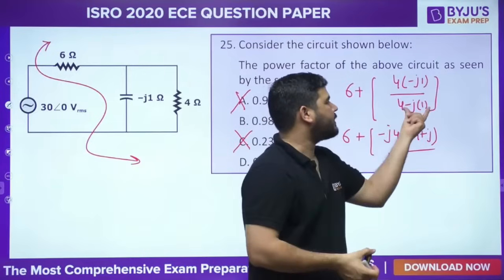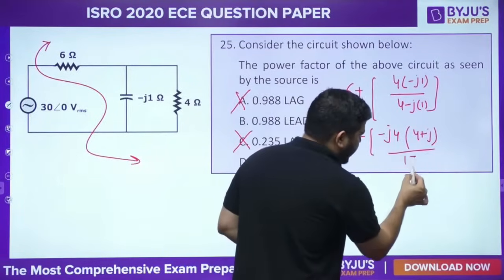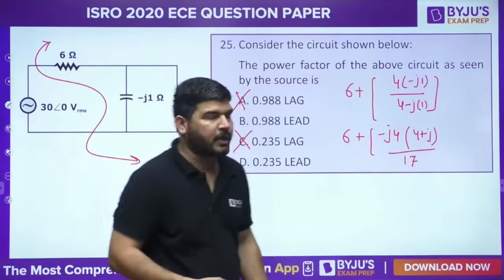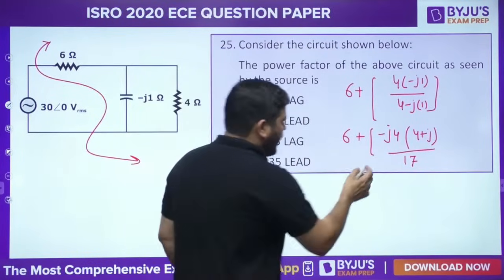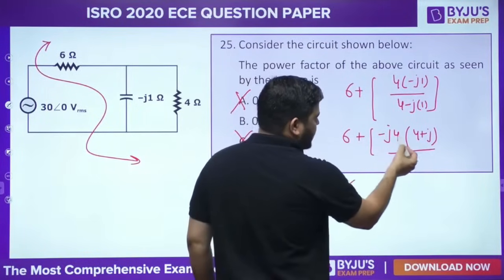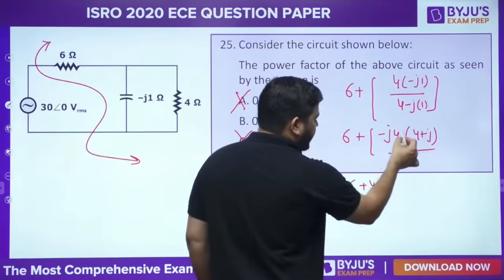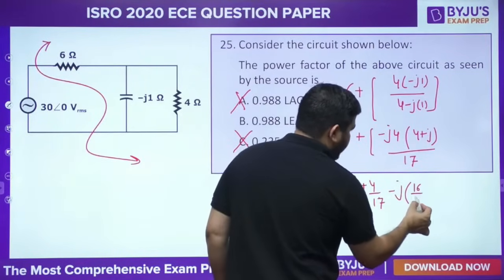So I am multiplying and dividing by 4 plus j. In the denominator you will get 17, 4 square minus j square, so you will get 17 here. Now it will be 4, and you can see the real part is 4 by 17, and the imaginary part is minus j 16 by 17.